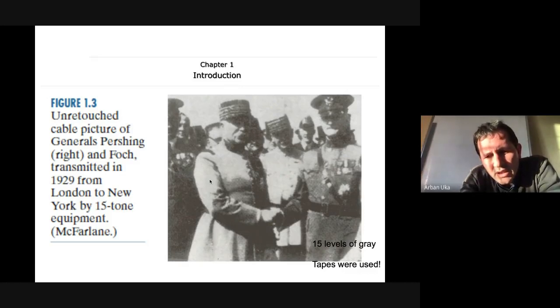Personally, I used tape for a long time, at least in the early 90s, where tapes were similar to recording tapes, where we could record a song or some audio, or movies, which used to be VHS.